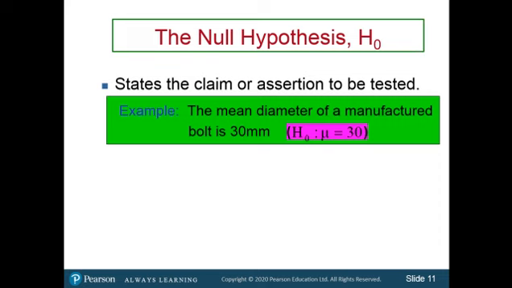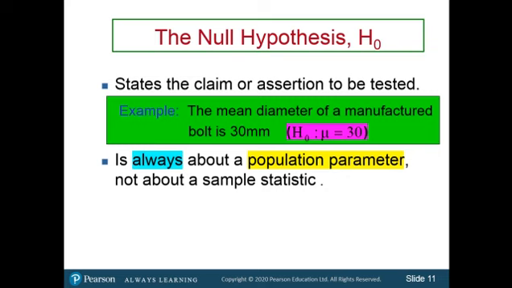That's how we write our null hypothesis as an example. And it is always about a population parameter, and not about a sample statistic. Please remember this. This is very important. The null hypothesis is always about a population parameter.